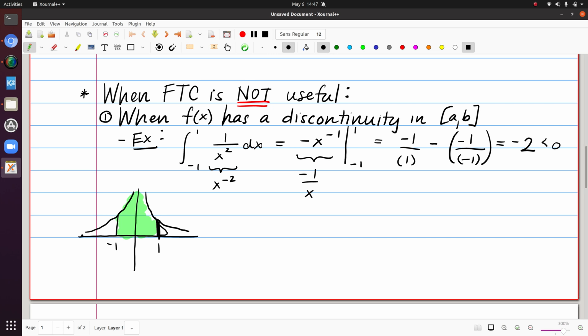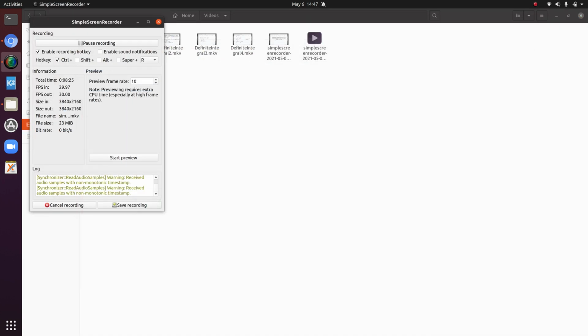Right, my answer was a negative 2, so I should expect to see negative area, and that's not the case there. So this isn't a contradiction of the theorem. The problem was that f of x has a discontinuity in this interval over which we were integrating.